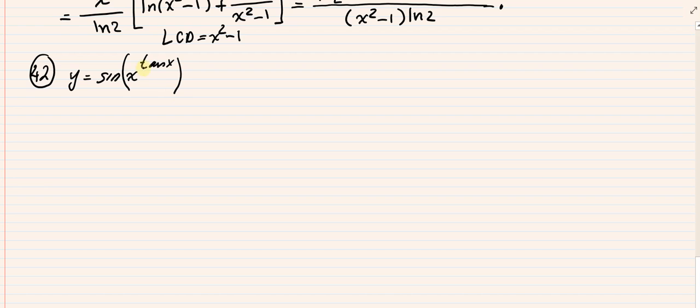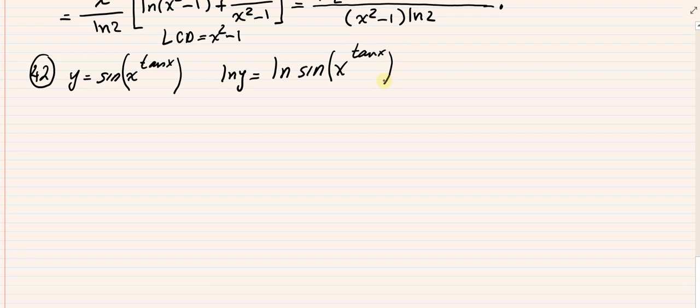So when we do logarithmic differentiation, we begin by taking the natural log of both sides. So ln of y is equal to ln of sine of x to the tan x.